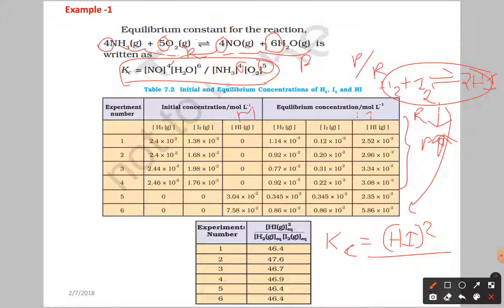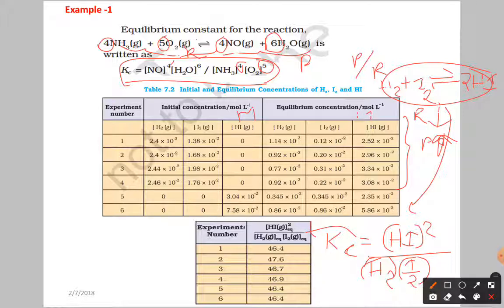Next, for the reactants, the molar concentration of H2 enclosed in square brackets, and the molar concentration of I2, also enclosed in square brackets. For convenience, we already have the expression here.